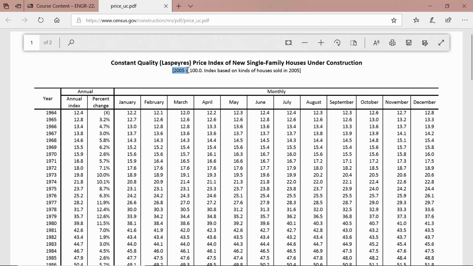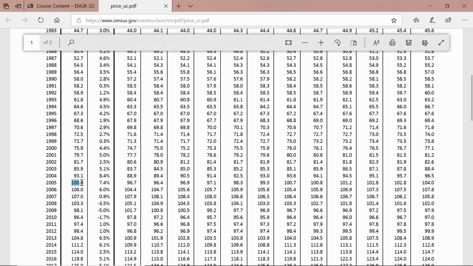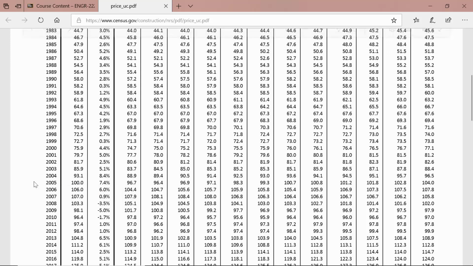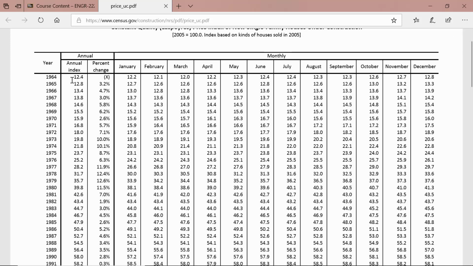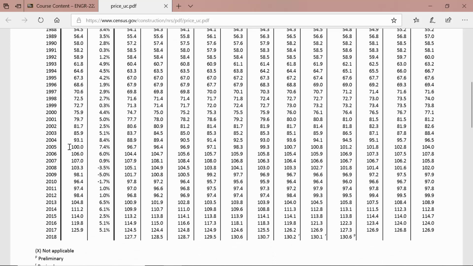That's what it says here at the top, that in 2005 they're setting it at 100%. And so that means 2005 is their baseline year. They wanted the prices in every other year to be represented in terms of the prices at 2005. So the house that cost $12,000 in 1964 would cost $100,000 in 2005.